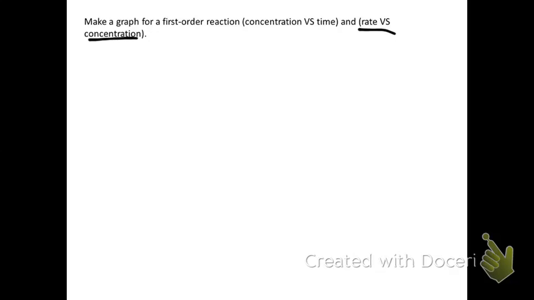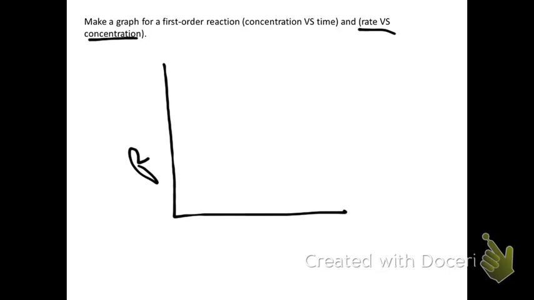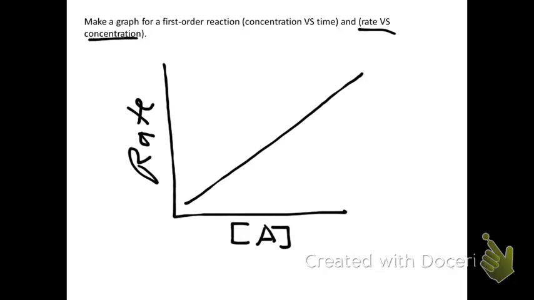And if we did that, rate versus the concentration of A, we would get a linear line like that. Okay? For a first order reaction. Alright? So these graphs for first order, make sure you have them in your notes.